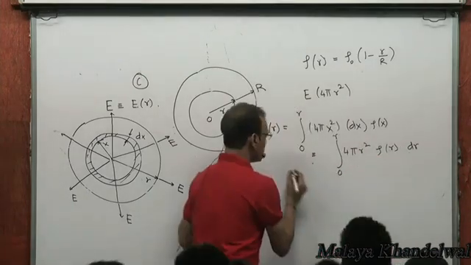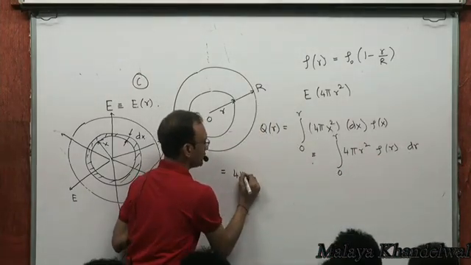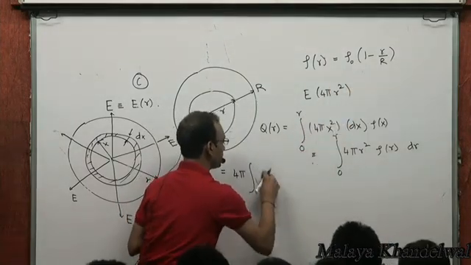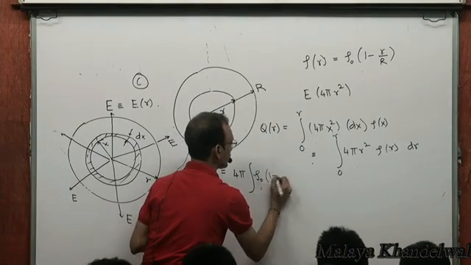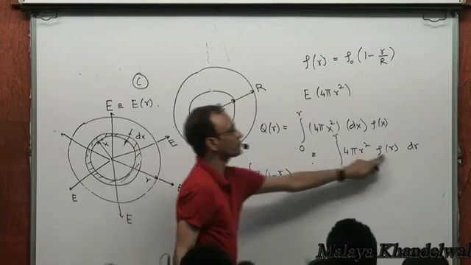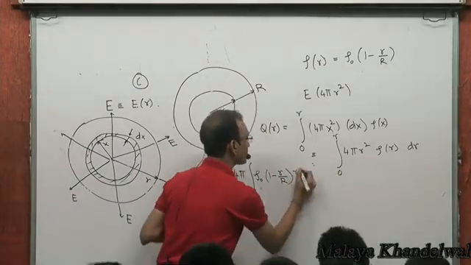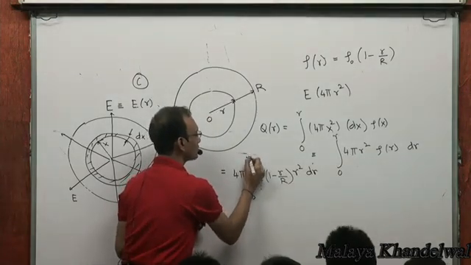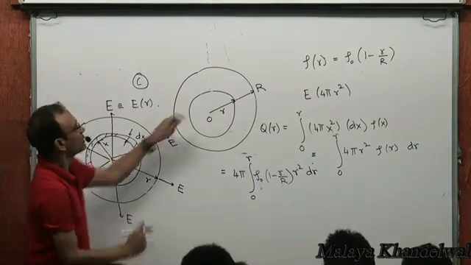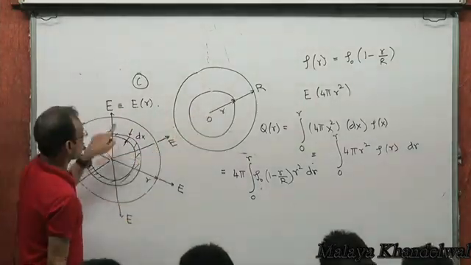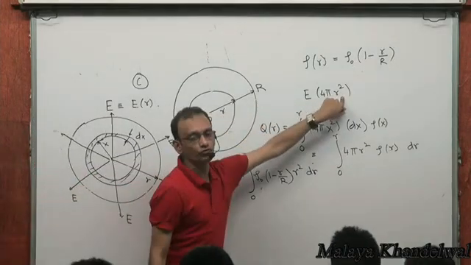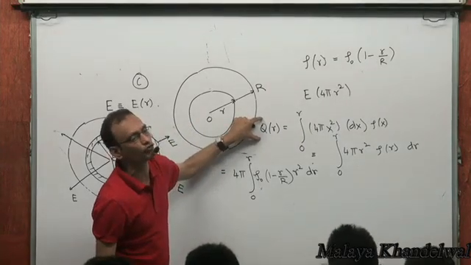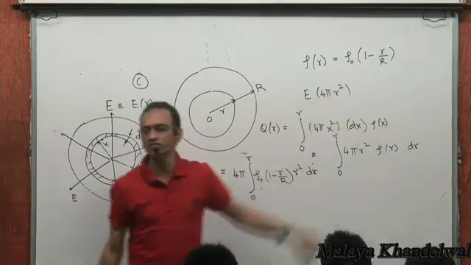So rho at r is rho naught into 1 minus small r by capital R, so this turns out to be 4 pi integral of rho at r into r squared dr from 0 to small r. That's going to be the total charge enclosed in a sphere of radius small r. The total flux passing through this is going to be E into 4 pi r squared. So E into 4 pi r squared would be the total charge inside that sphere by epsilon naught, out of Gauss's law considerations, and that will give me E as a function of small r.